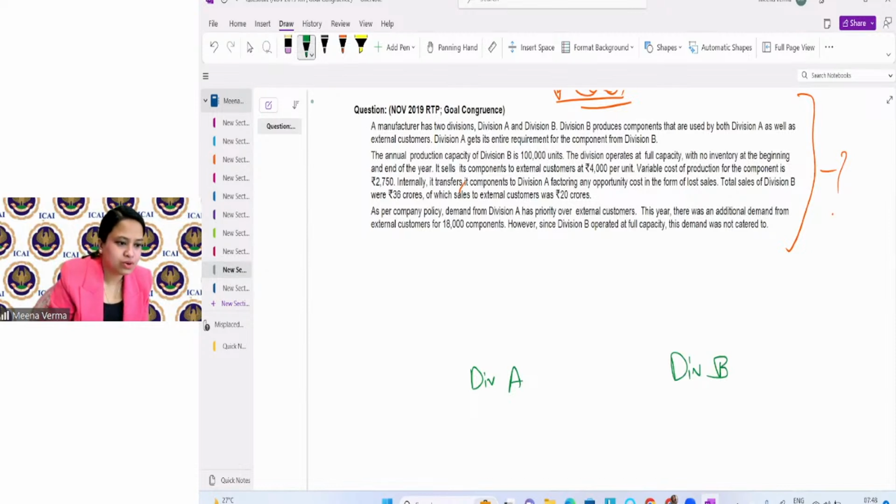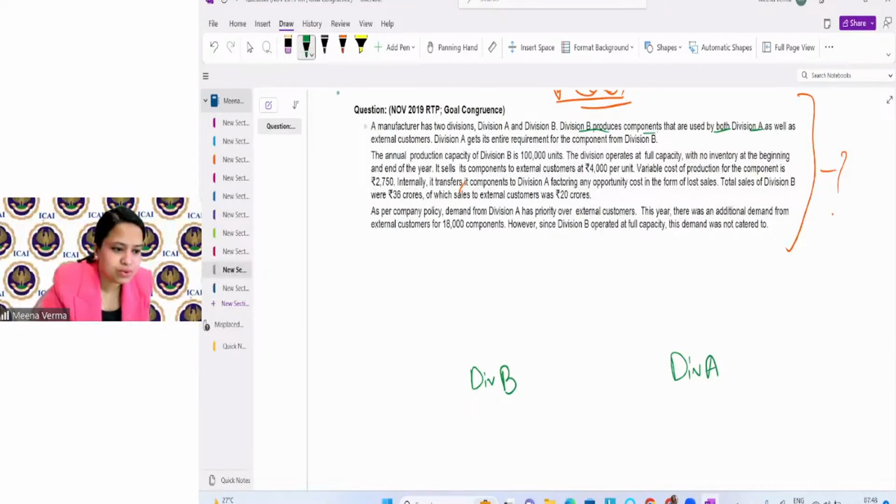Okay. So division B produces components that are used by division A. Oh, the other way around. Okay. So what is happening?